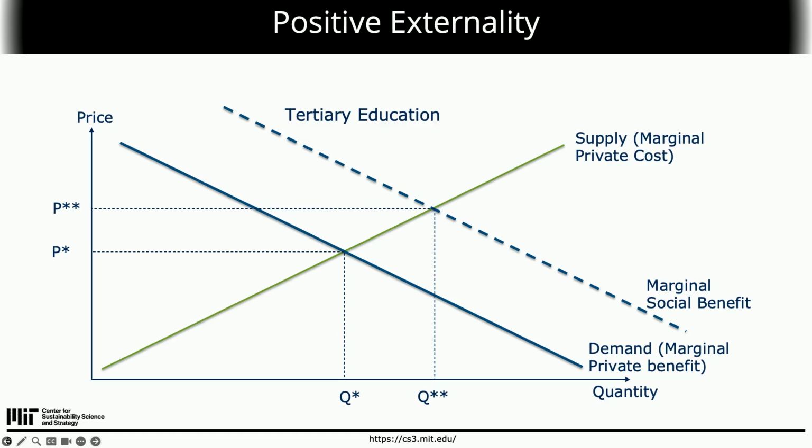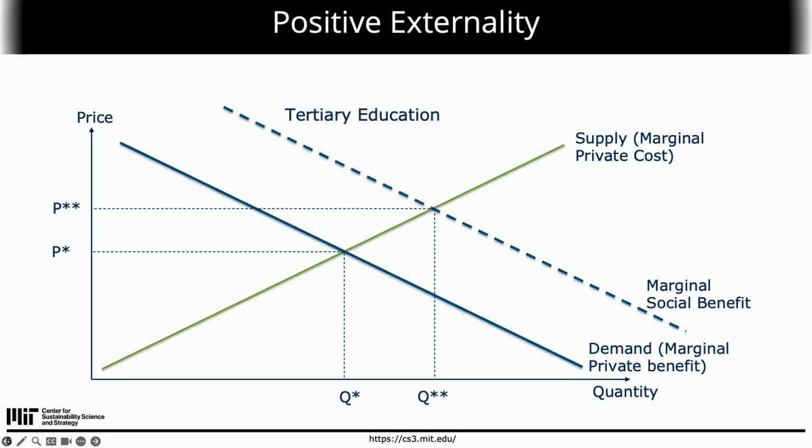So that's the benefit to the individual purchasing this education. And then we have an additional curve that sits above that, and that's the marginal social benefit. So for every amount of tertiary education that's consumed, you have this additional benefit to society, which again is in the form of a reduction in crime, a better healthcare for individuals.